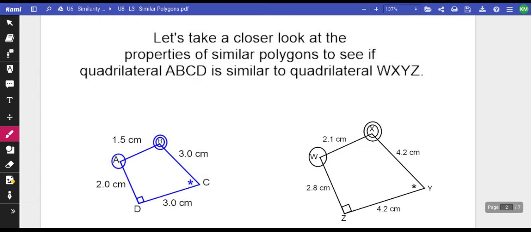When I have the same symbol on the vertices, it means the angles are the same. Would you agree all four of the angles are the same on the original as they are on the new one? Yeah, so we could say quadrilateral ABCD is similar because, yes, all of the angles are the same.